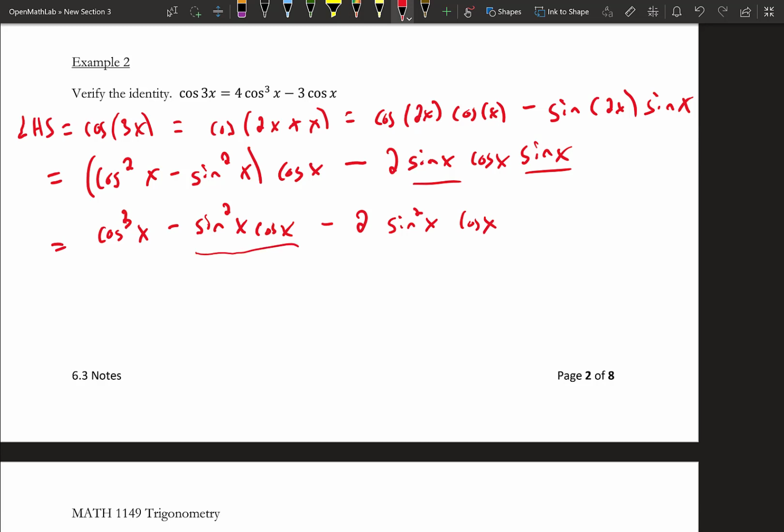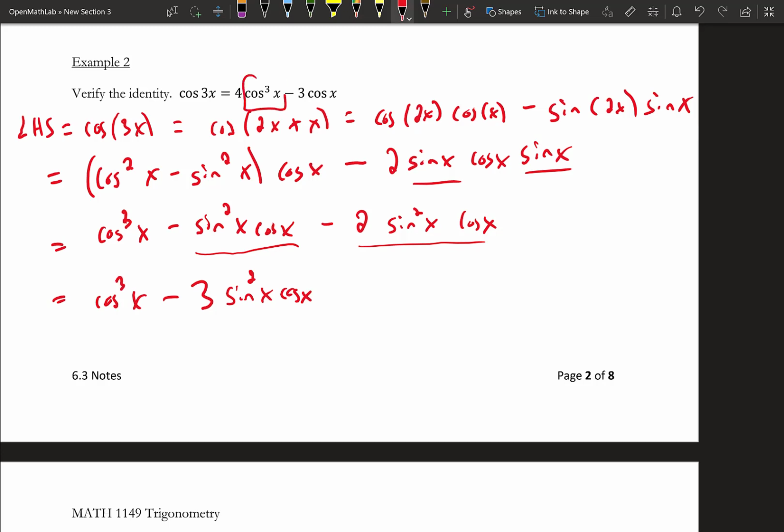So then these two guys are now like terms, so combining those we get cosine cubed x minus 3 sine squared x cosine x. All right, so we're starting to get a little closer, right, to what our goal is.